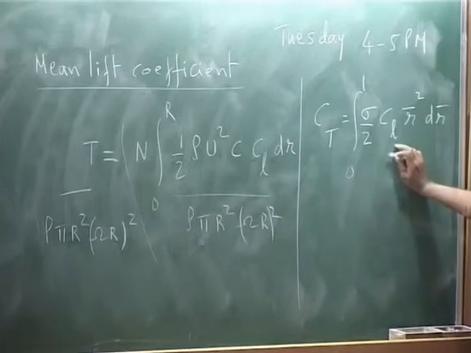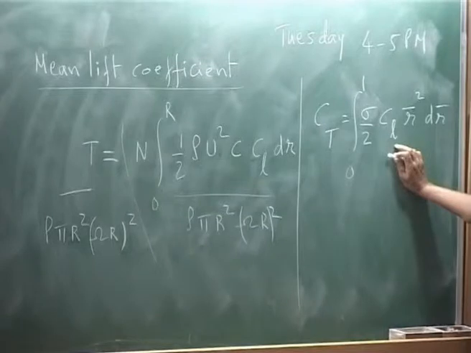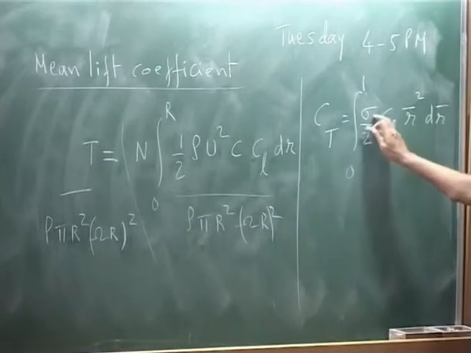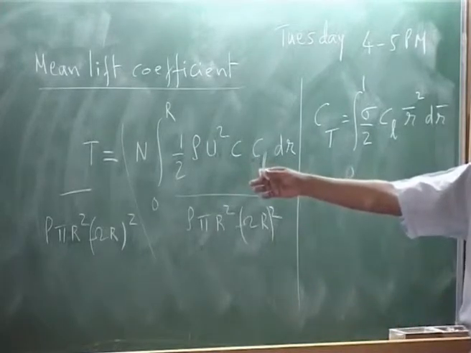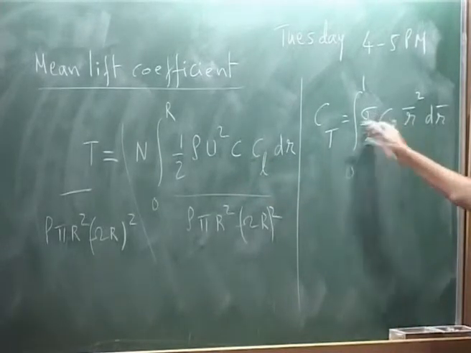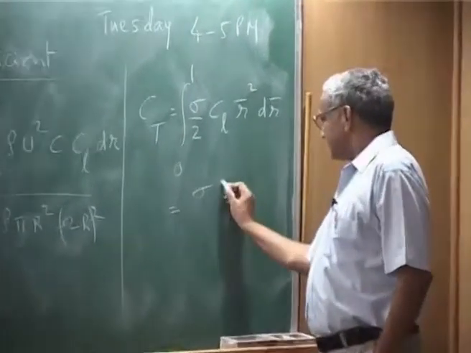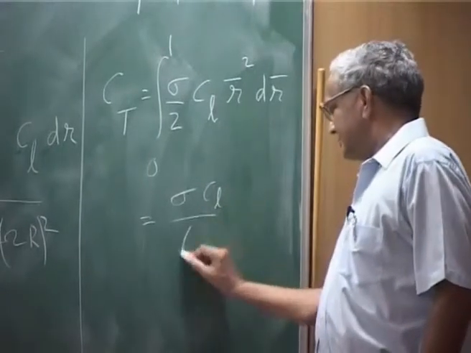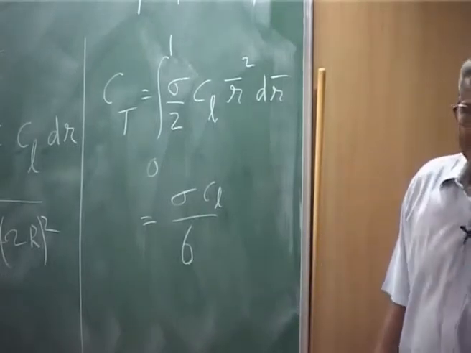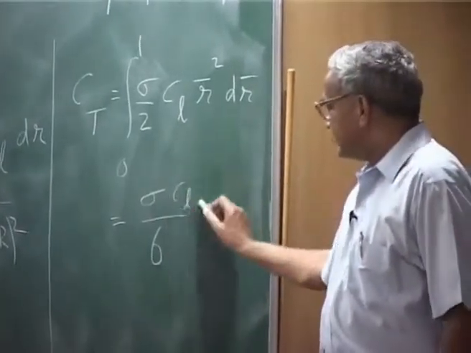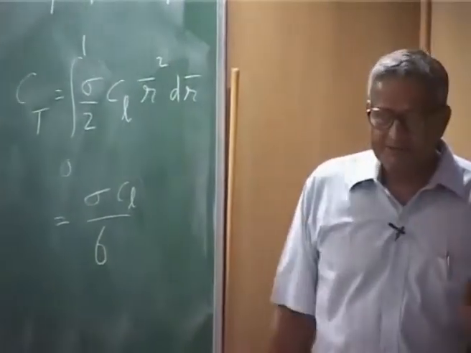Assuming CL is some mean value, a constant everywhere, and sigma anyway you are defining with respect to full dimension, and then you take out everything, this will become sigma CL over 6. This is some kind of a mean value, because I am taking it as though it is a constant value.